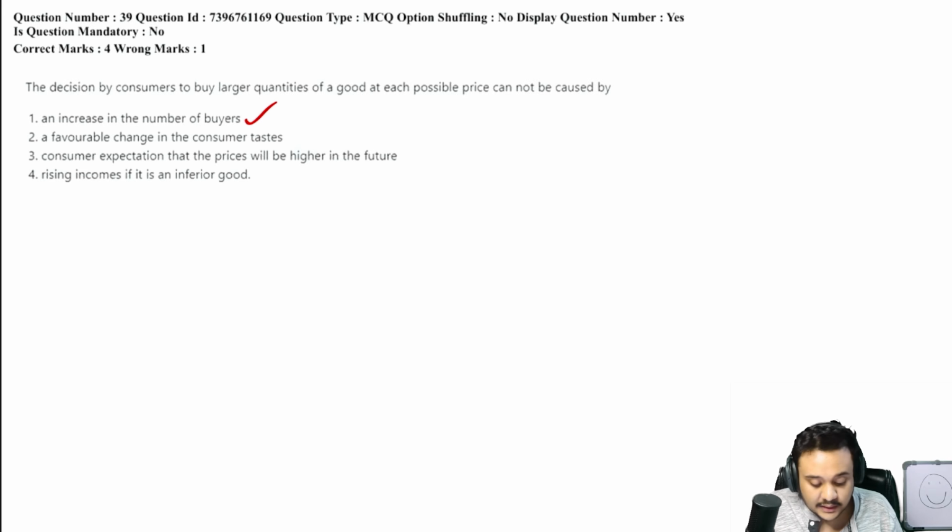Similarly, a favorable change in consumer tastes, so that is also very clearly right. Then consumer expectation that the prices will be higher in the future, yes, that will also force them to buy more right now. Rising incomes if it is an inferior good, very, very obviously the answer is this.